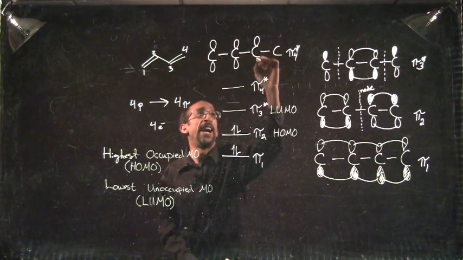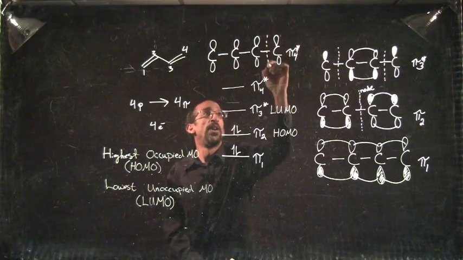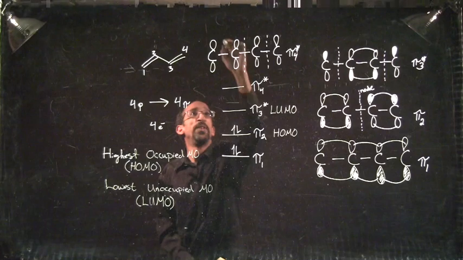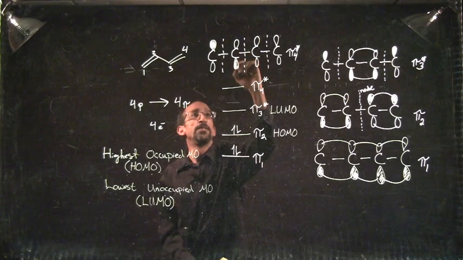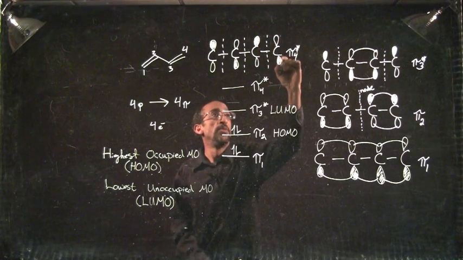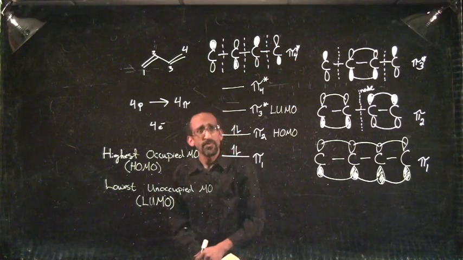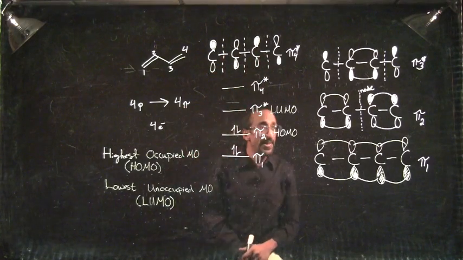That means we need to add one additional node, and that puts one node between each of the carbon atoms. And so now we can go in and fill in our p orbitals, and we see that the shading switches as we move from one carbon to the next to indicate that there are 3 antibonding interactions.